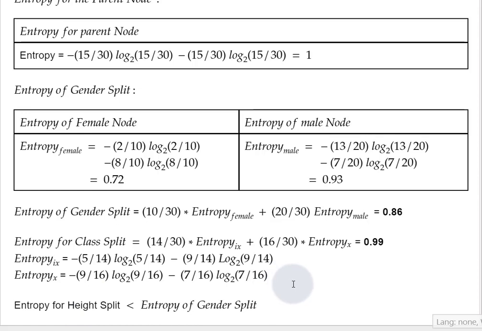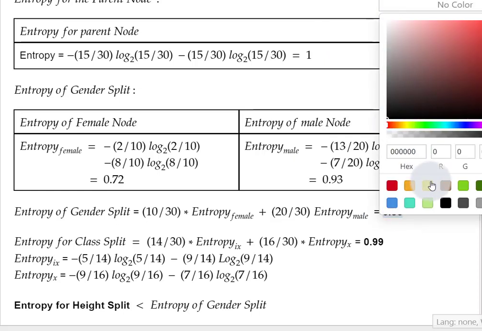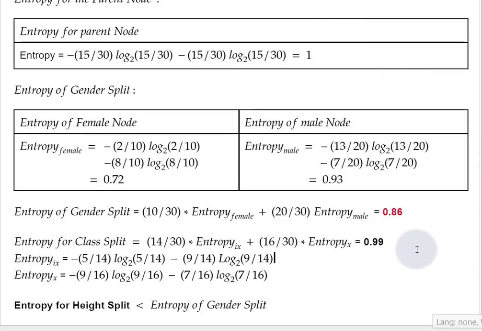So among them, if you see over here, our best split will be this guy over here, right? If I make it colorful, that means we will first divide this decision tree based on the gender.